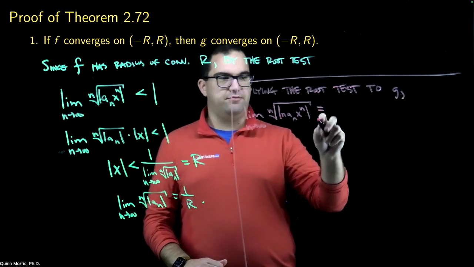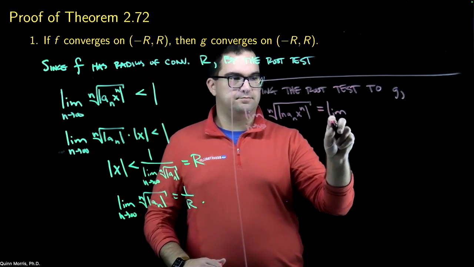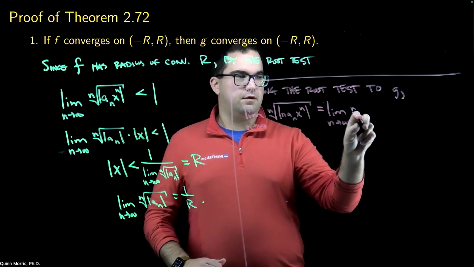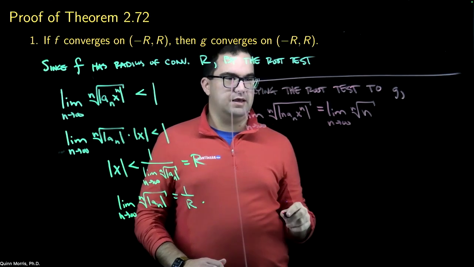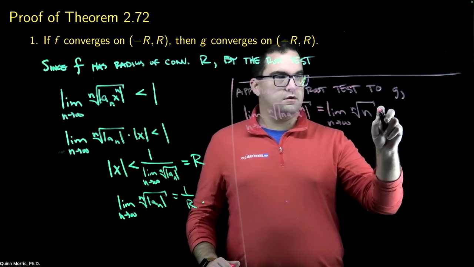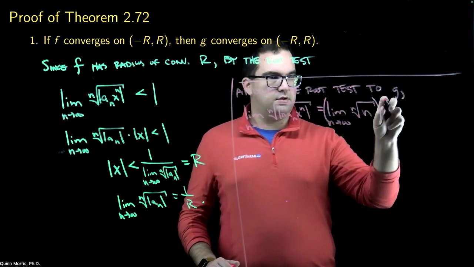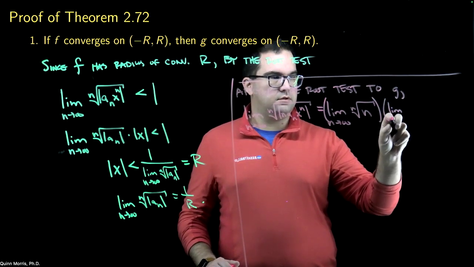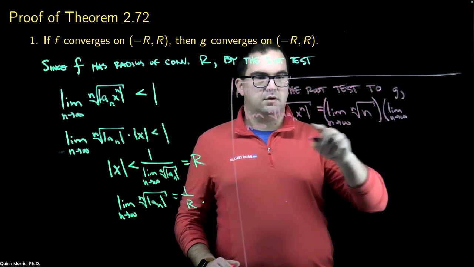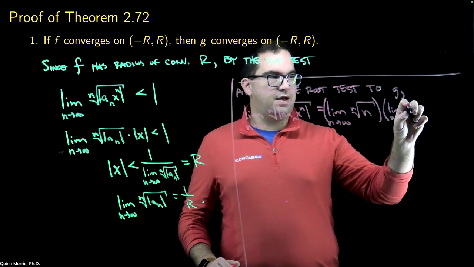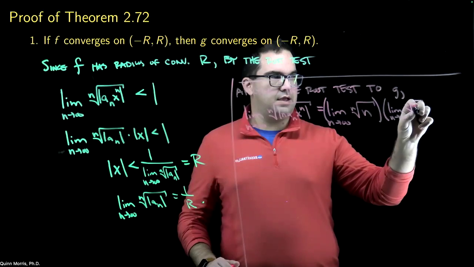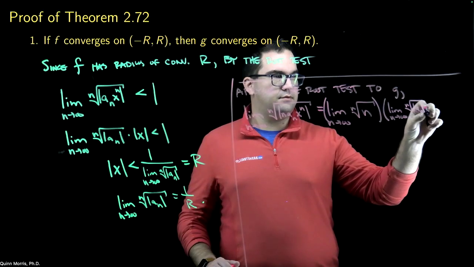Now, if I do a little simplification here, I'll get the following. I'll get the nth root of n times the nth root of the absolute value of a sub n.